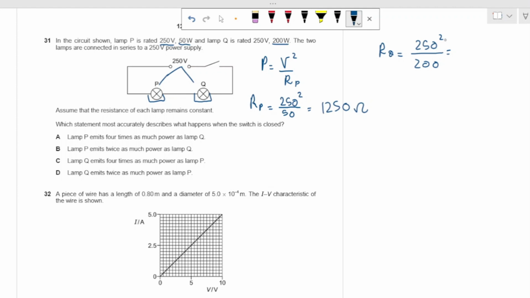That would be 250 squared over 200, and we would get our answer as 312.5. All right, so we have the resistances. Now we need to find the voltages across them. What can we do? We can use the resistances as fractions of the voltages.